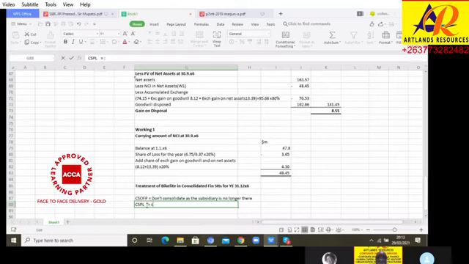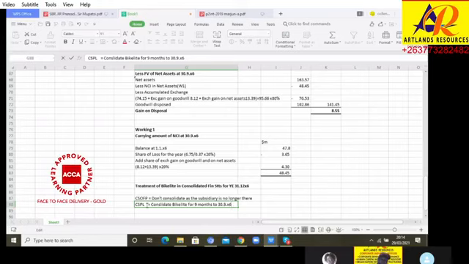So consolidate bike light for 9 months to 30 September X6.